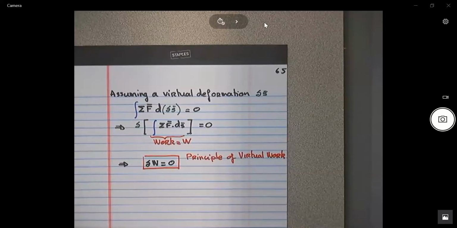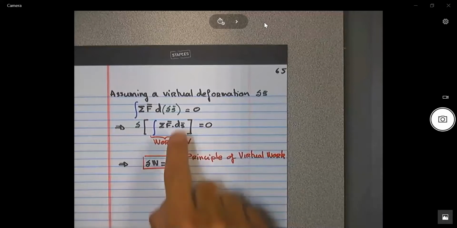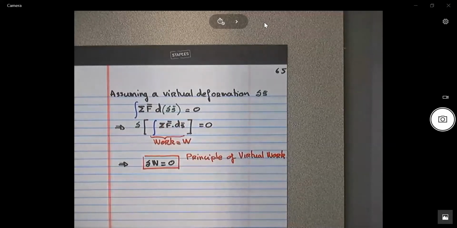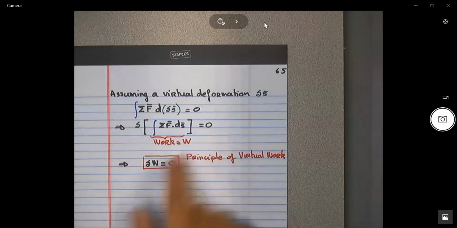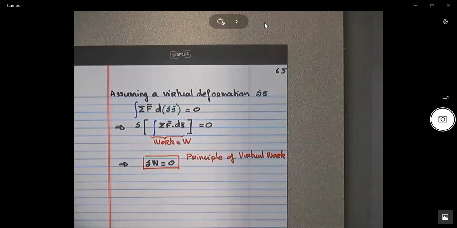But basically the idea behind it is that in order to solve a problem, you don't know the deformation, but you can assume a virtual deformation, and then you can see what will happen due to that virtual deformation, and you can solve for the forces causing that deformation, because the whole thing needs to be equal to 0. Okay, so let's do 2 quick examples. From now on, this equation replaces our equation, summation of forces equal to 0. It's kind of equivalent.